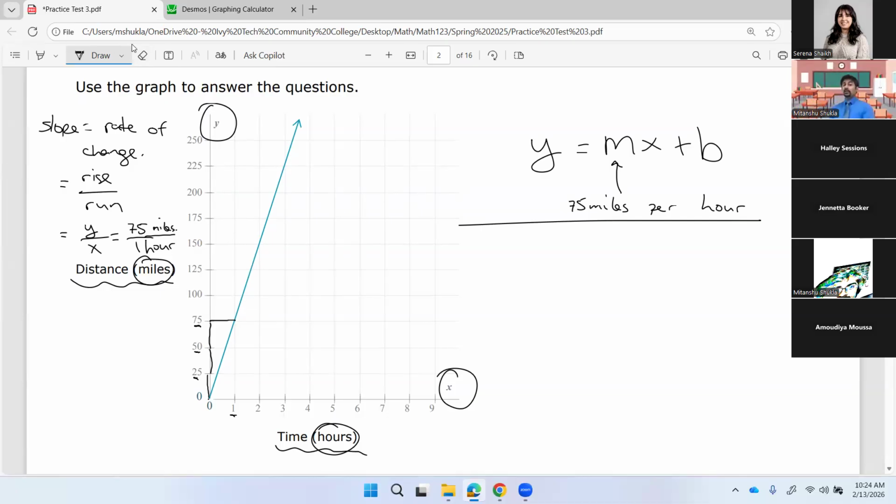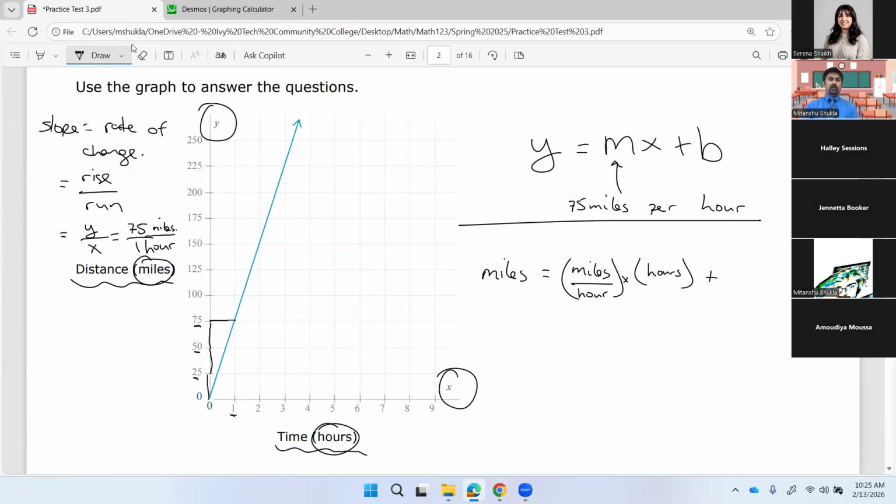Very good. Let's put this together in words. This means that miles, which is the y, is equal to my slope, which is miles per hour, times x, which is the number of hours that I drove, plus b, my starting amount.